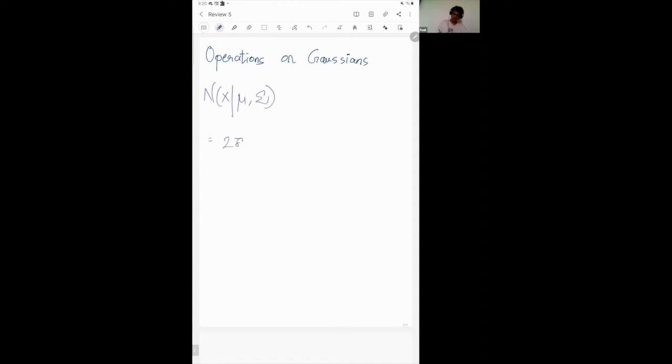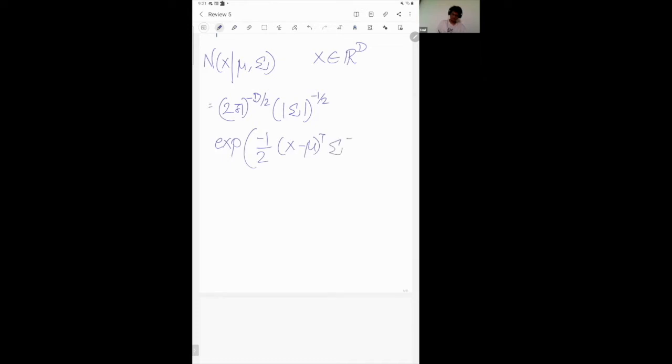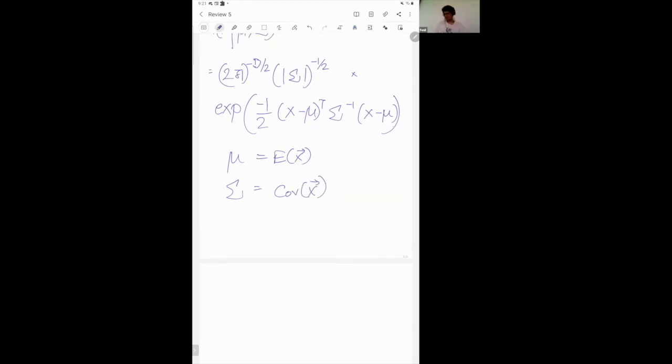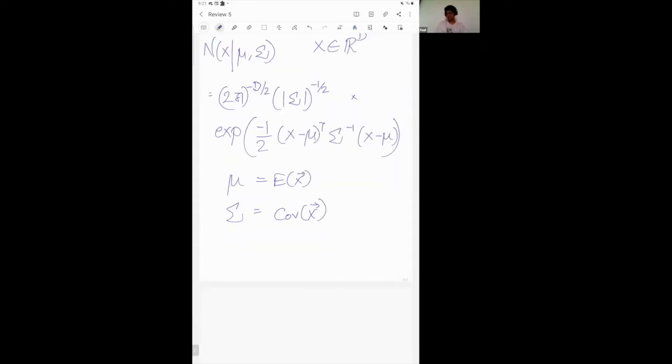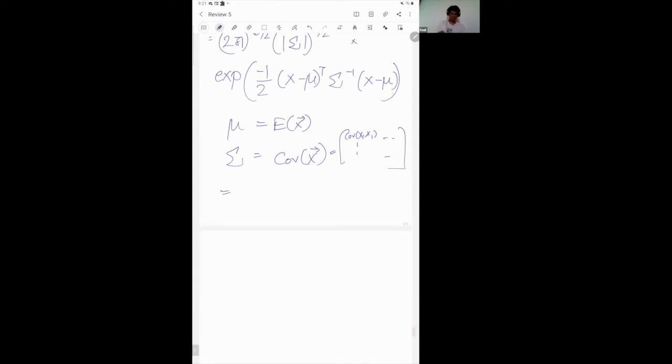Mu is the expectation of x, and sigma is the covariance matrix. I hope you are familiar with this already, and we can always write the covariance matrix as the auto-covariance matrix of x, like the covariance of x1 and x2, x1 and x1, and so on.